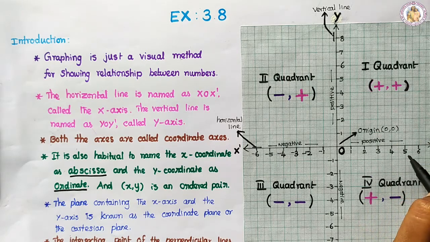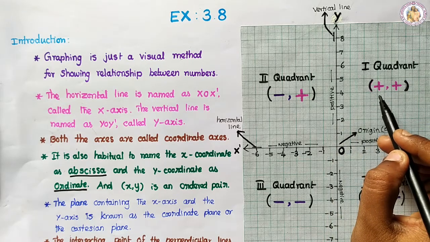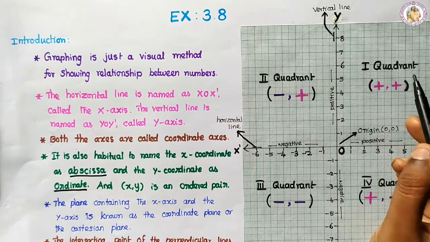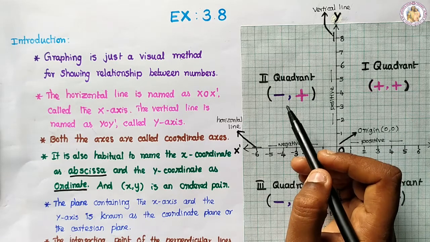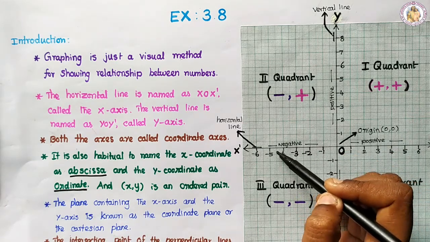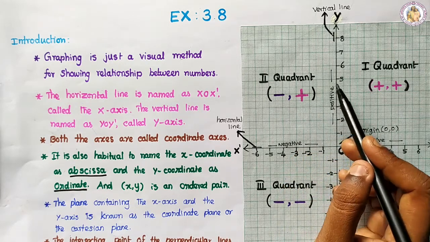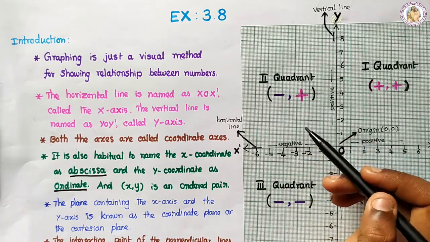Here also positive and here also positive. So plus, plus, first quadrant. Second quadrant, this side of the x-axis is negative. So x is negative and y is positive.